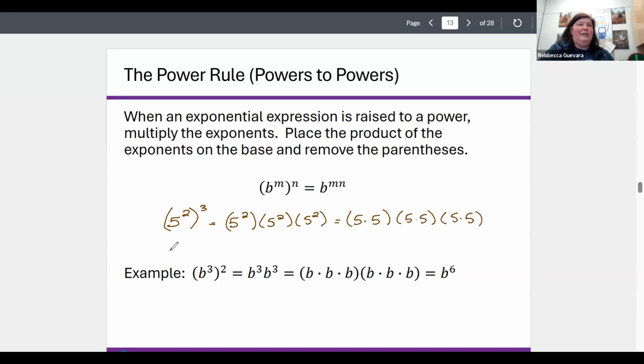As you can see, we end up with 5 multiplied together 6 times. So this would have been the same as just saying I have 5 to the power of 2 times 3. A similar thing down here, except the 3's on the inside and the 2's on the outside. So I got b to the power 3, b to the power 3, expand it, still going to work the same way.